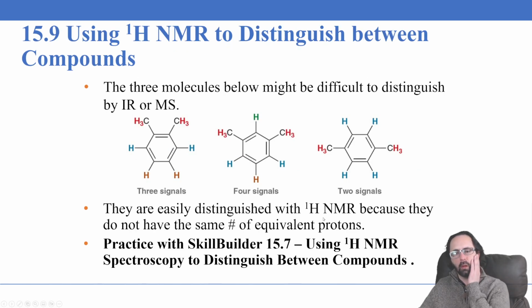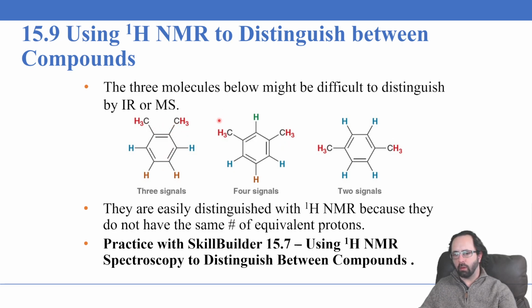So to show you the value of NMR, if we took an infrared spectrum and a mass spectrum of these three molecules, we have here 1-methyltoluene, or it's also called metatoluene.